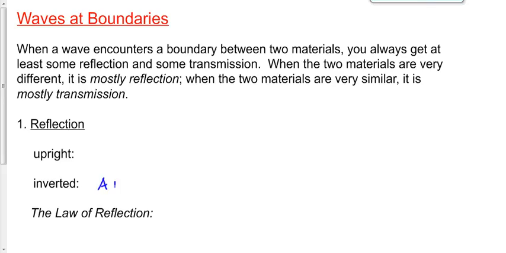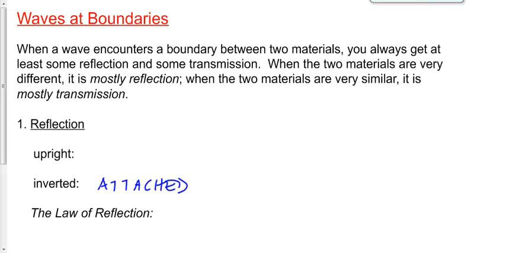Now, sometimes it's a little bit difficult to think of attached or not attached because of the nature of the media. We're going from air to glass in the case of light. It goes from air to glass. Attached or not attached? Well, it's kind of hard to think of it that way, right? So what we do is think of less dense, more dense.